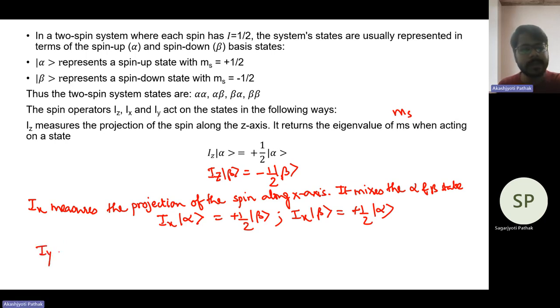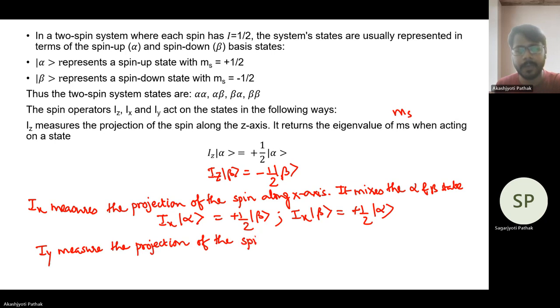Now what will happen if Iy acts on this? What will Iy measure? It will measure the projection of the spin along the y-axis.